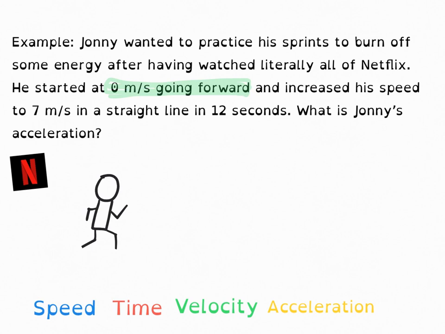And increased his speed to 7 meters per second in a straight line. I am still going in the same direction, so that's going to be my velocity. And he did this in 12 seconds. So my time, 12 seconds. What is Johnny's acceleration? So I need to find acceleration.